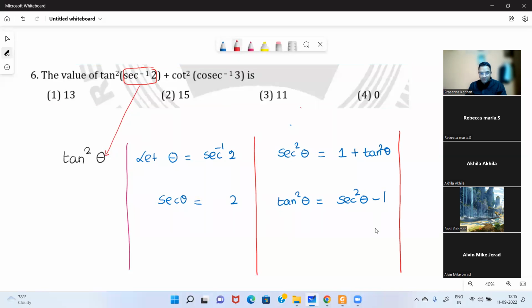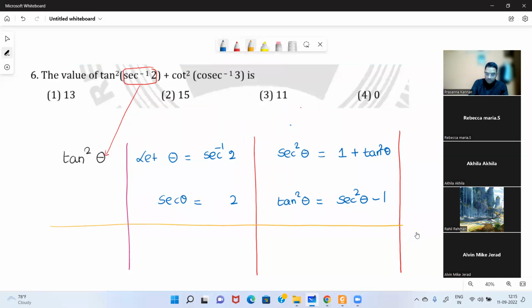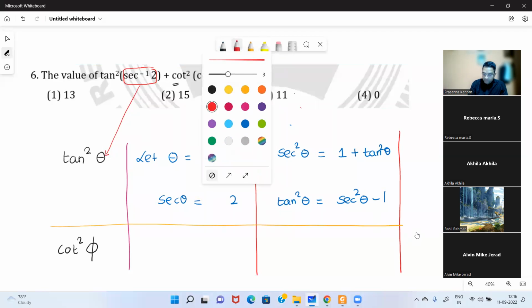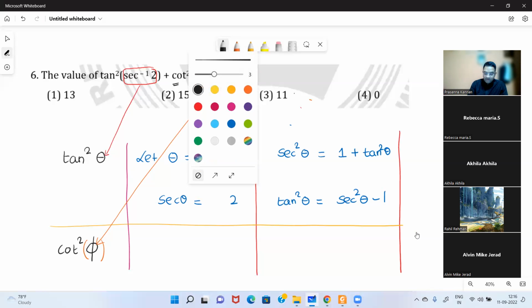Now let's look into the second part of it, which is cot square. Let me take this angle as phi. Which angle? Cosecant inverse 3 we are having, correct? Then I'm going to take it as the angle phi. Are you with me?